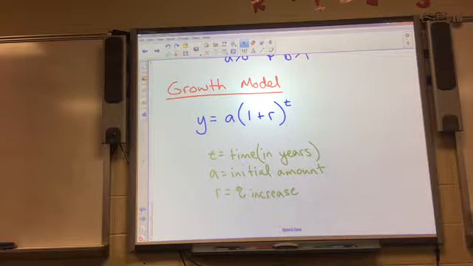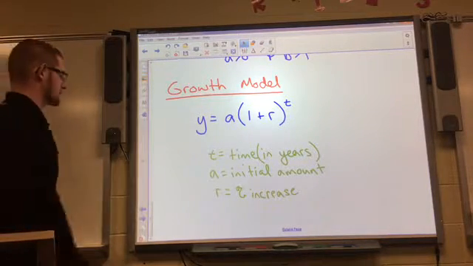So looking at example 3, it tells us that in January 1993, there were about 1,313,000 internet hosts. During the next 5 years, the number of hosts increased by about 100% per year. We want to write a model giving the number h in millions of hosts t years after 1993, and then know about how many hosts there were in 1996.